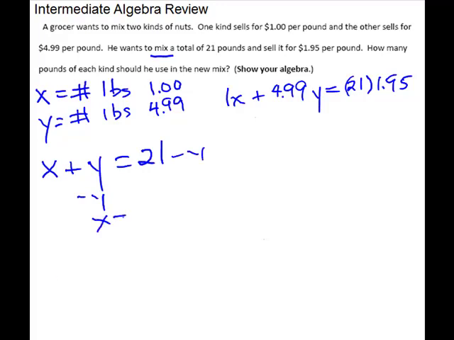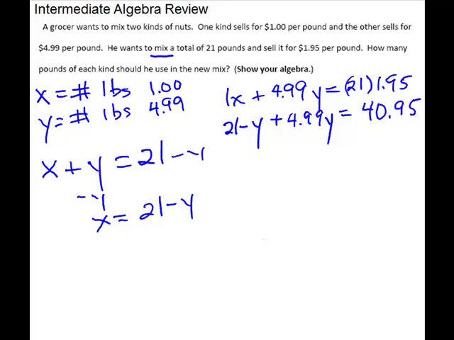So we'll have X equals 21 minus Y. So we can put this in place of the X. So 21 minus Y plus 4.99Y equals, and go ahead and multiply out. 21 times 1.95 would be 40.95.